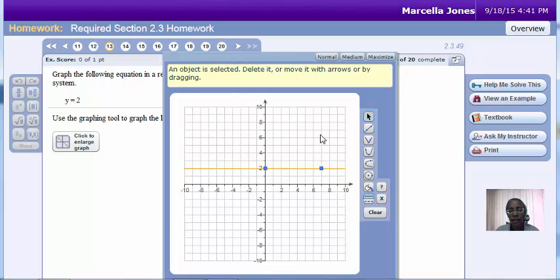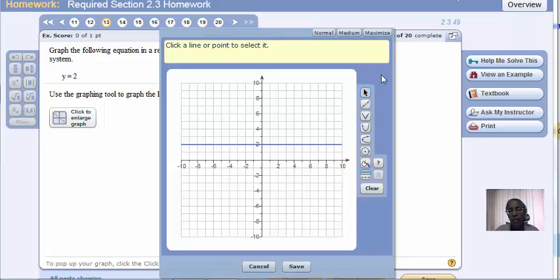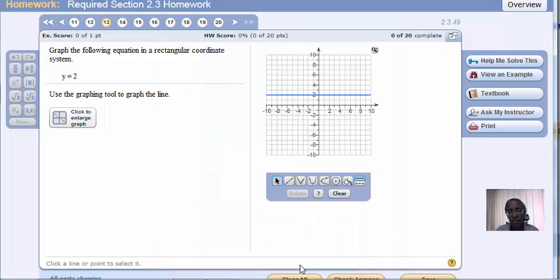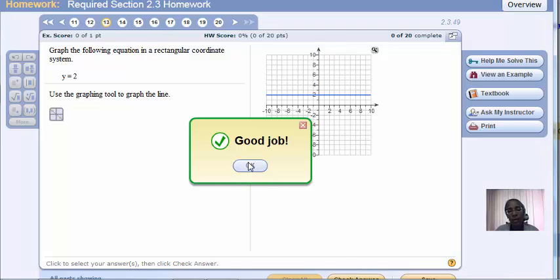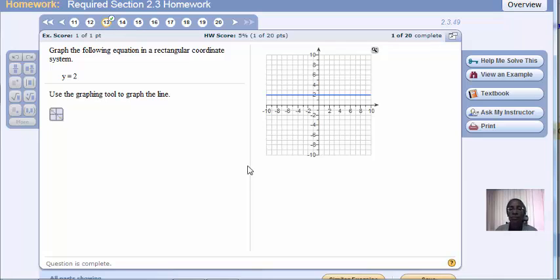So when I plot that point 7, 2, I have specified the line. And you always specify your line when you plot 2 points. Okay, so I save this. I go out and I check my answer, and of course that's correct.